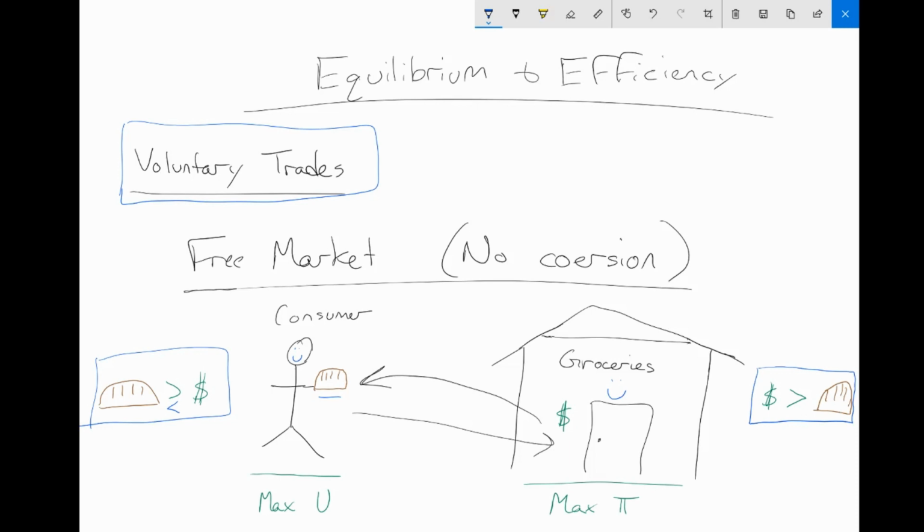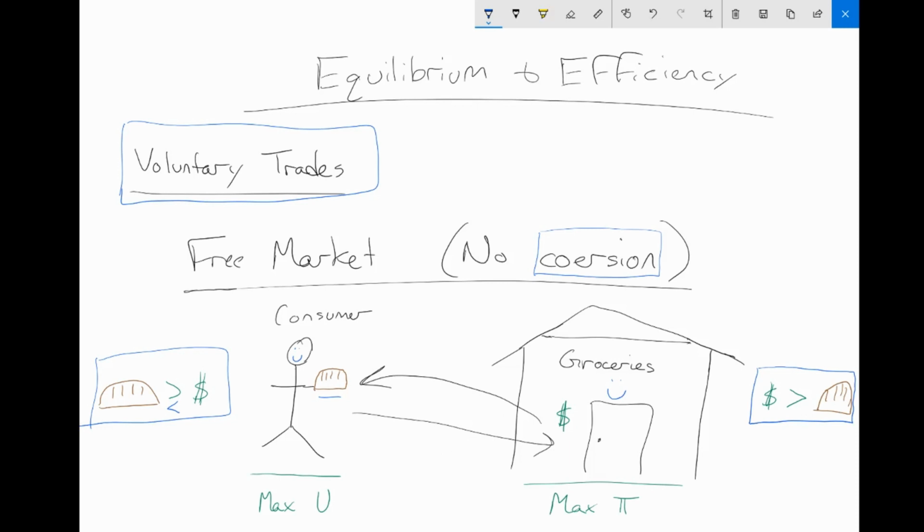Only if there was coercion would the agent enter this exchange. Only with coercion would a consumer enter an exchange in which they would be made worse off. If a consumer is uncoerced, that is, their behavior is not forced, then they will not enter an exchange that makes them worse off.